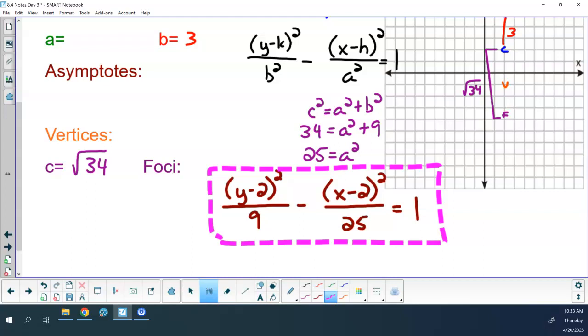Then the week after that is systems of conics, like where we're going to have a circle and a parabola. Where do they intersect? That kind of a thing. And then we have to study for the test, and then we have to study for the final. Okay.